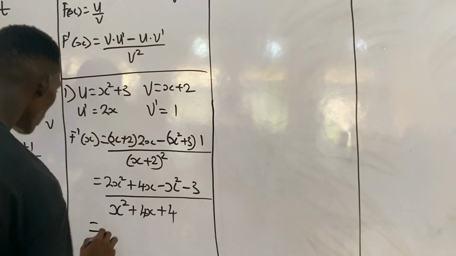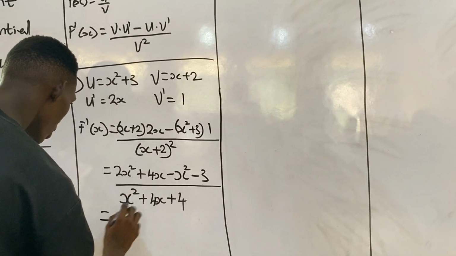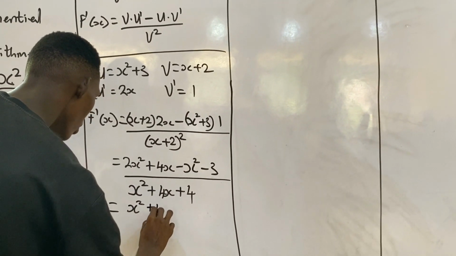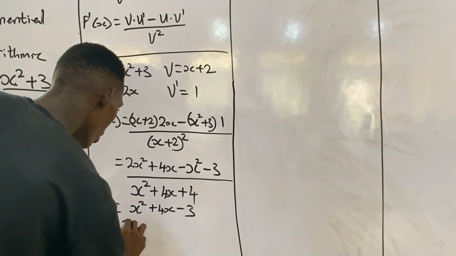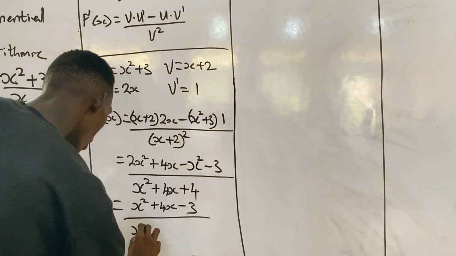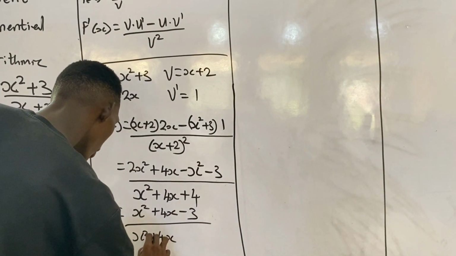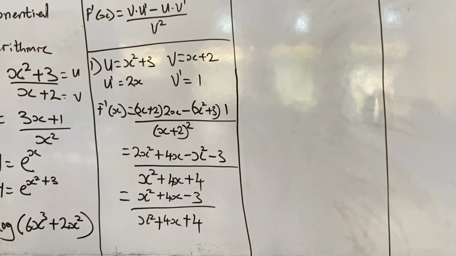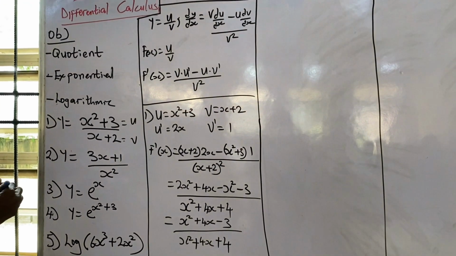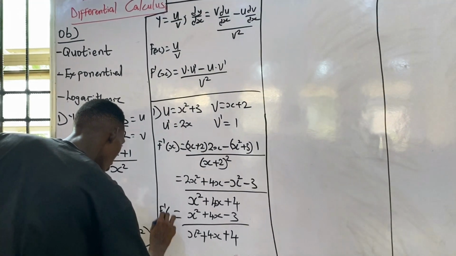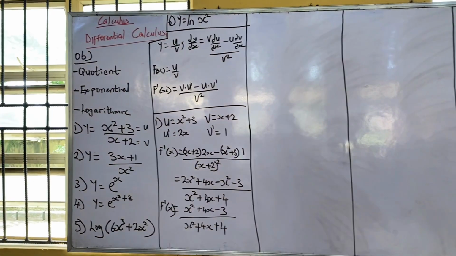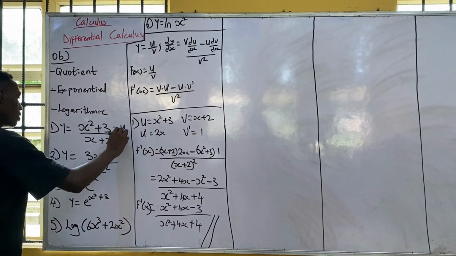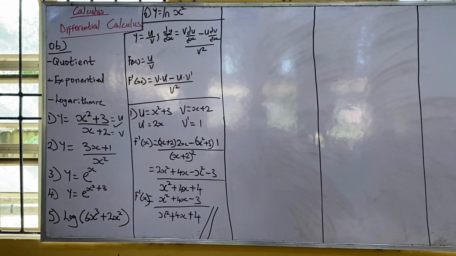Now let's settle this out, and that becomes x squared plus 4x minus 3 over x squared plus 4x plus 4. This is our derivative. It's as simple as that. We are done with number one.